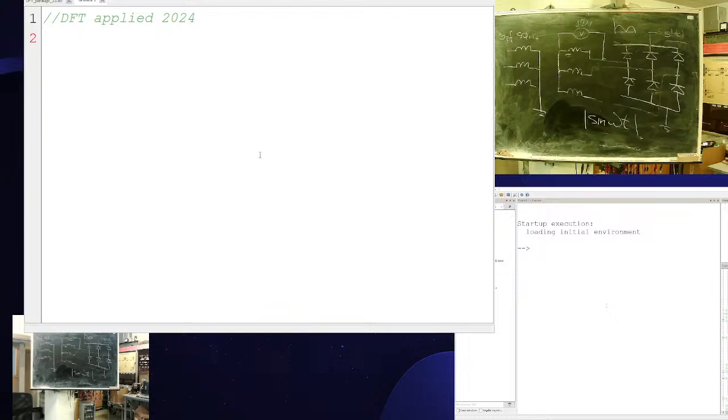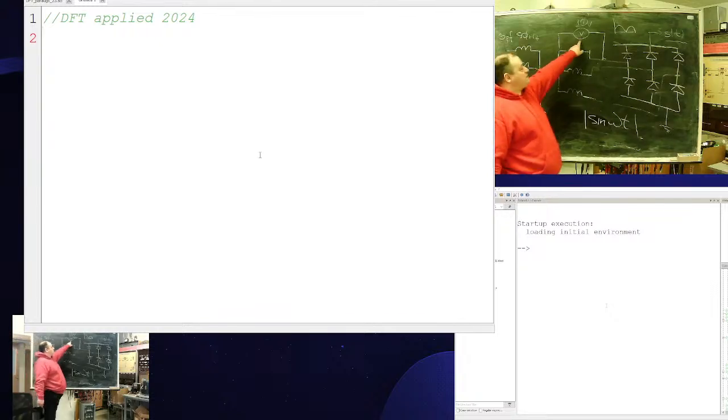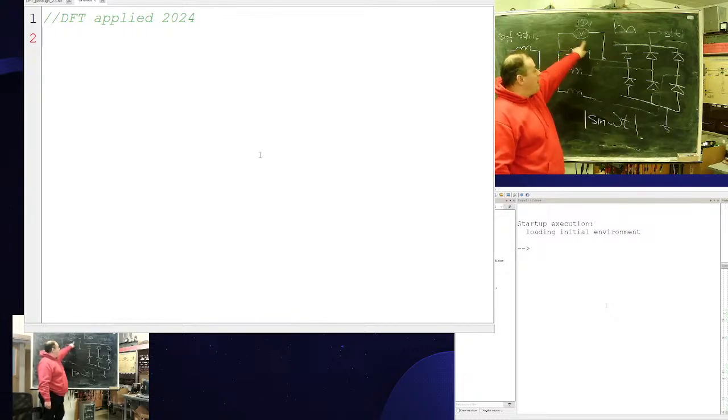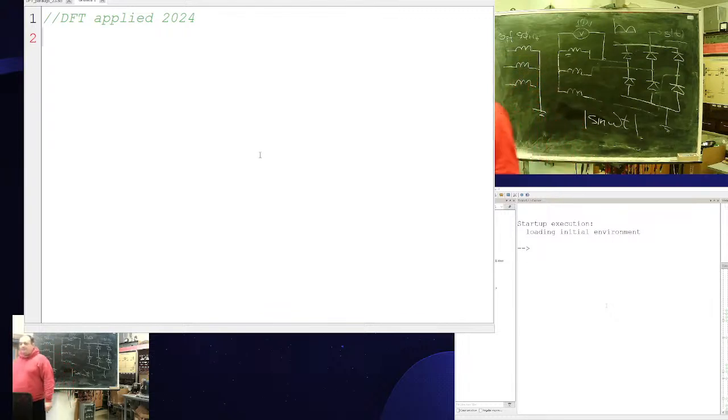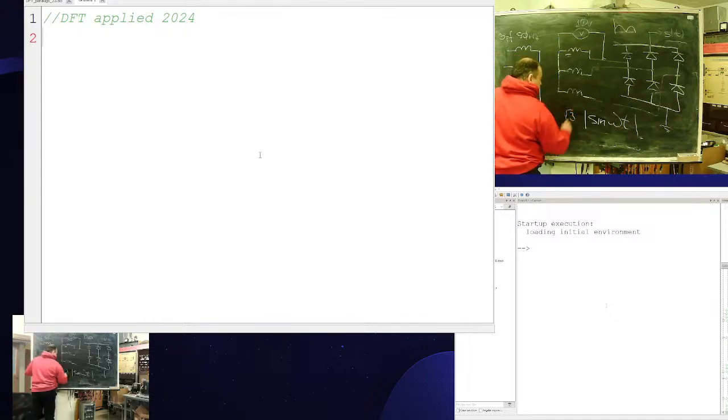If phase to phase is 220, phase to ground, what will it be? Square root of 3. Here, I have phase voltage measured as 10 volts. But what voltage is applied to the bridge? Line to line. So, I'll need to have square root of 3. Yeah?